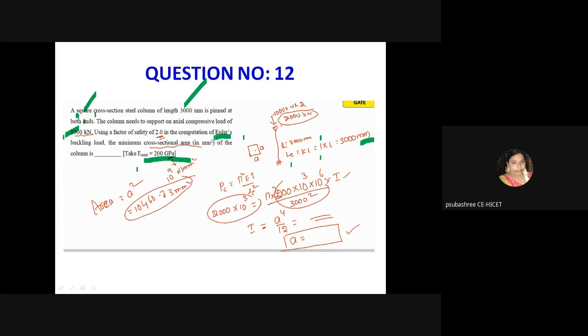Euler's buckling load. So what is the formula for Euler's buckling load? PC is equal to pi square EI divided by LE square.